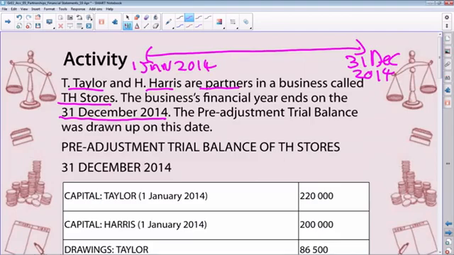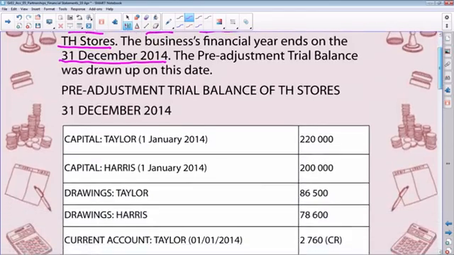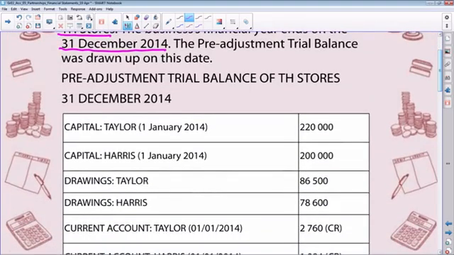Right, you are given the pre-adjustment trial balance drawn up on this date. So in terms of the pre-adjustment trial balance, what do we have? We've got capital Taylor, capital Harris, whatever they've contributed on the 1st of January 2014. So immediately we've got their capital balances at the beginning of the year.